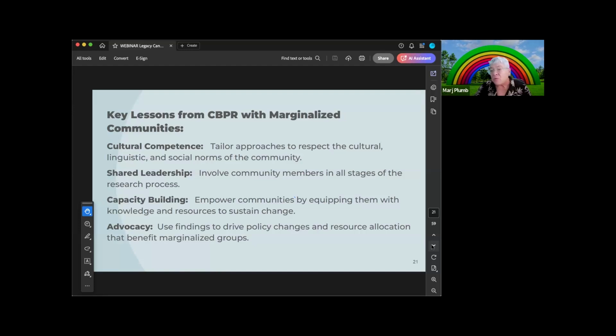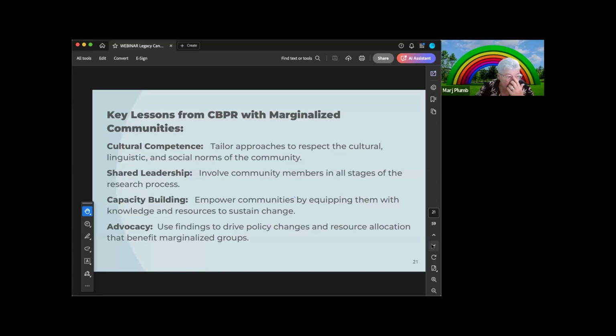And when you participate in research and we use that data, we went to Sacramento, we made our case, we got new policies. It makes everybody who was a part of that project, including the community members who participated, feel really good about their participation and empowered, and they feel like they can be part of the change, which is an important element.